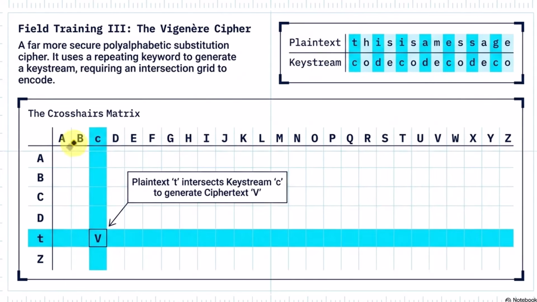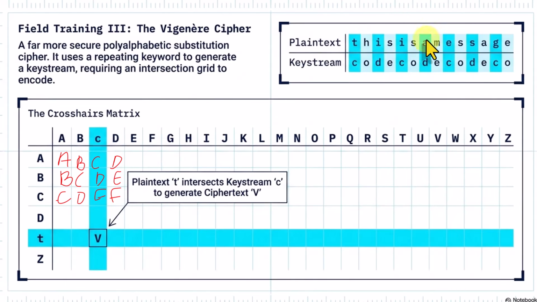We will have a complete table of A, B, C, D up to Z, and A, B, C in the rows up to Z. For example, this row is A, so we start it with A, then B, C, D. This one is B, so we start with B, then C, D, E. This one is C, so we start from C, D, E, F, and we keep doing that and come back around.